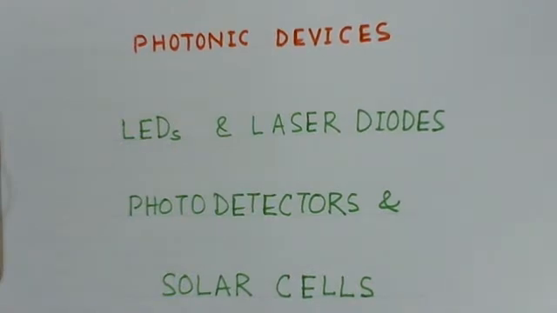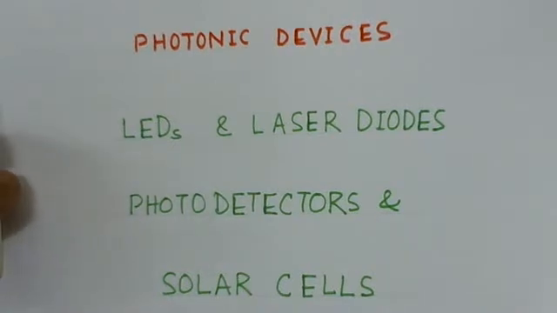So we'll talk about each of these devices separately, and we'll try to give the overview of these devices, trying to give most of the underlying concepts and different terms which have been used here.